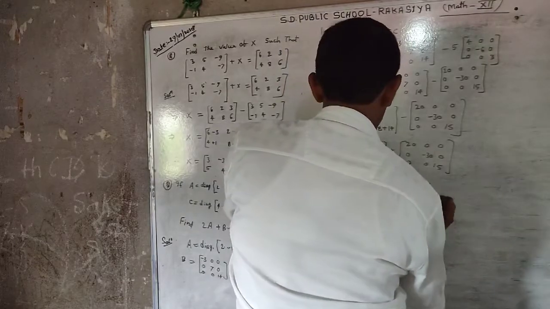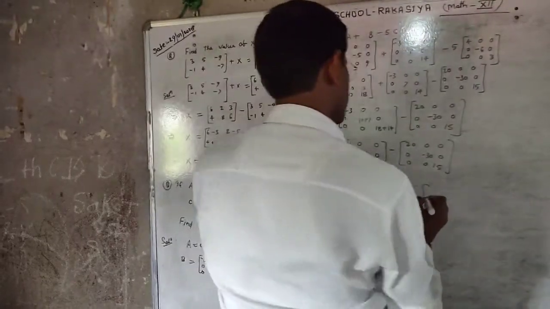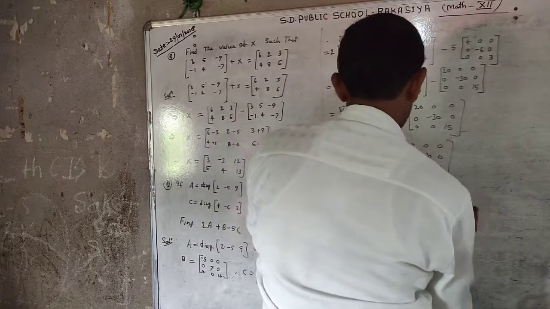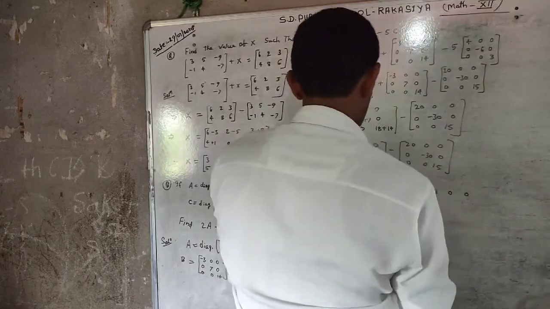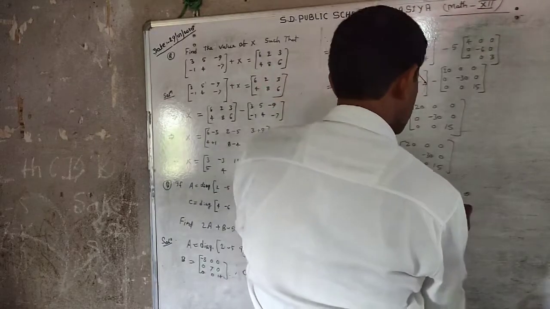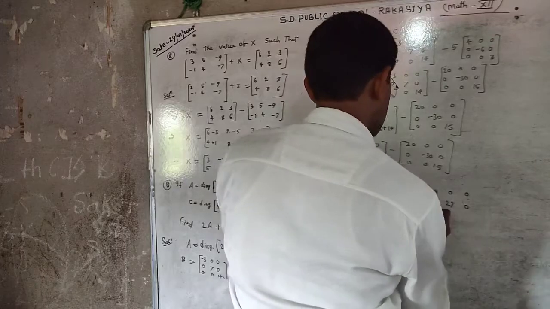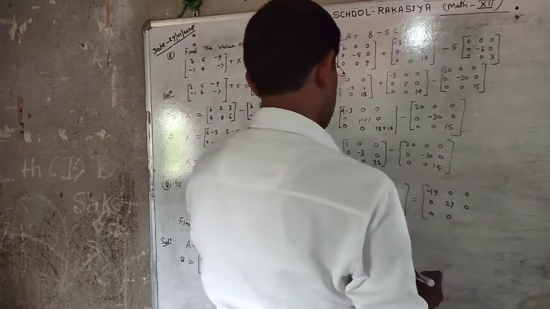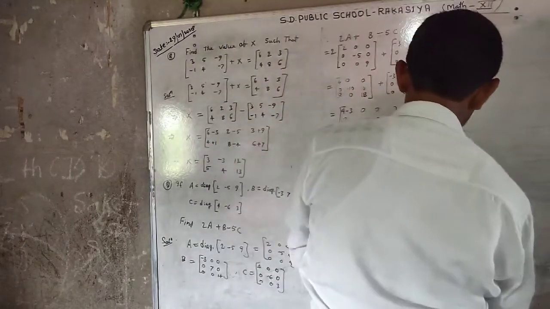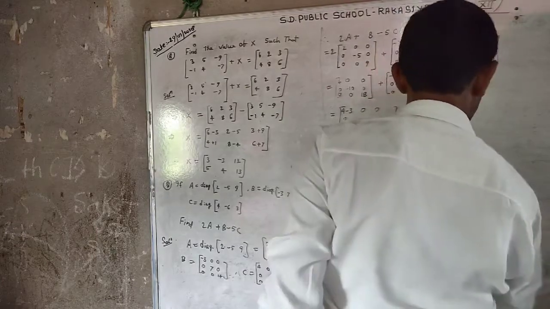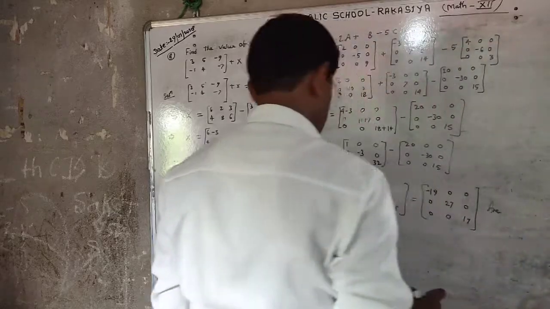It is equal to 1 minus 20, which is minus 19, 0 0, 0 minus 3 plus 30 is 27, 0 0 0, and 32 minus 15 is 17. It is the required answer.